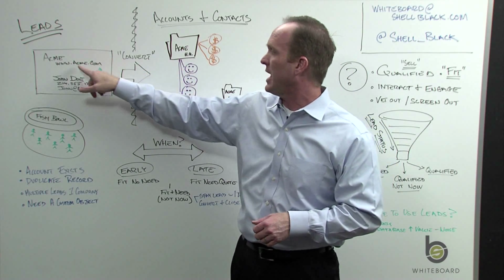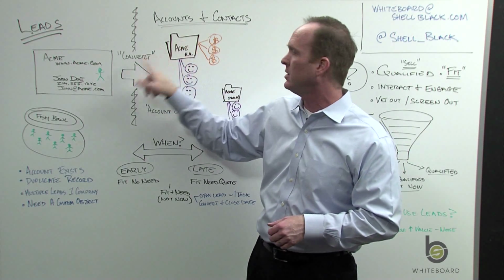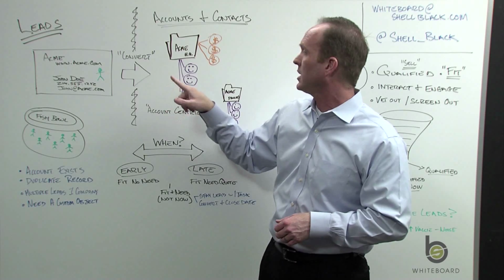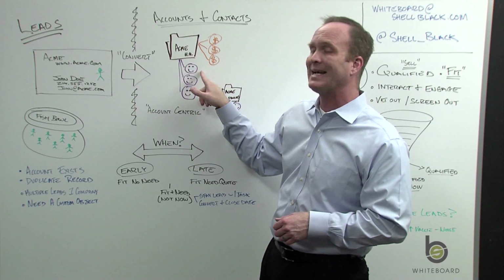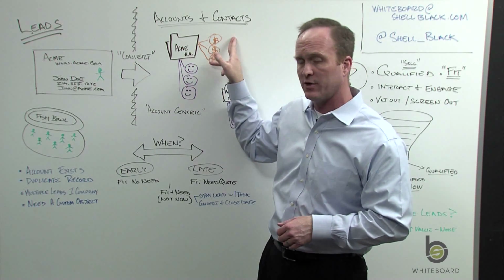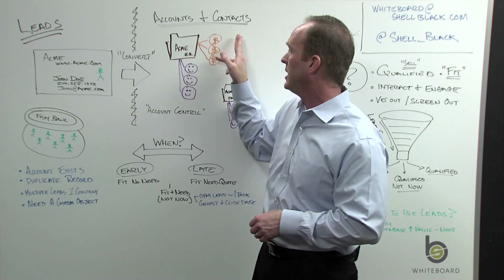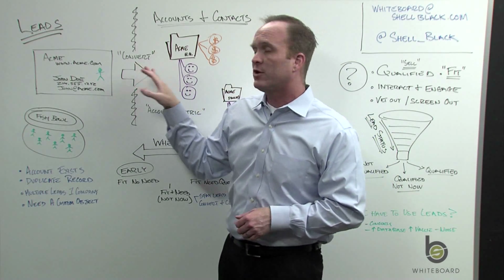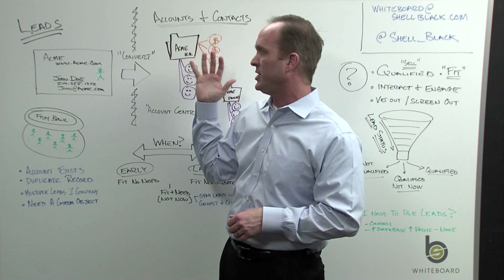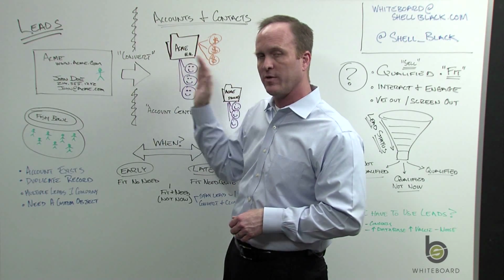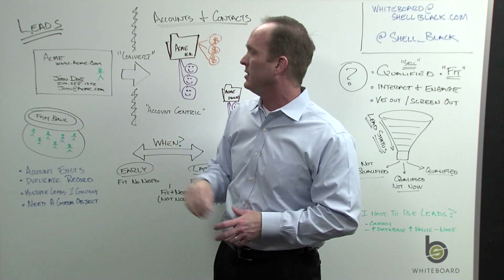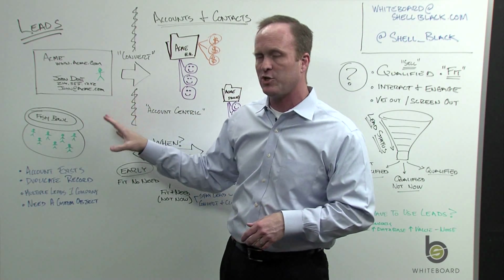When you convert, Acme, the company, becomes an account. John Doe, the person, becomes a contact, and potentially during that conversion process, you can create an opportunity. So the conversion process really moves information over to this other side of the fence where you're dealing with accounts and contacts, and leads is, again, this kind of fishbowl.